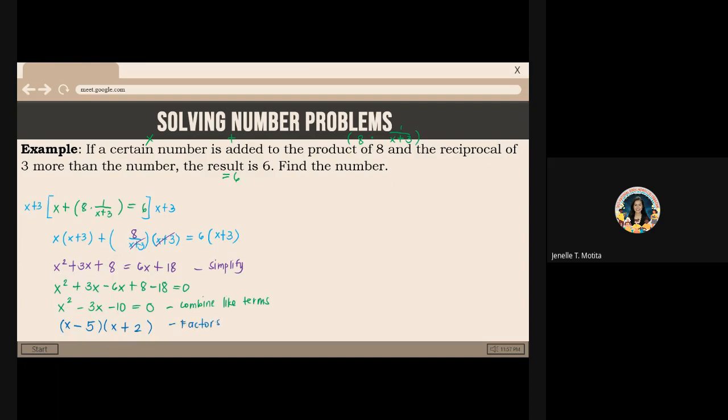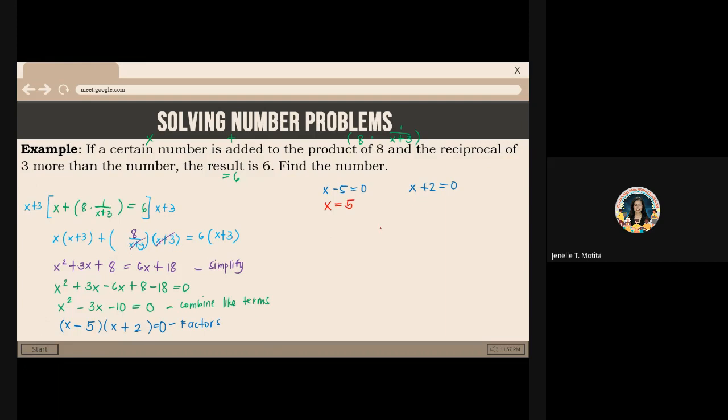Next step is to use the principle of zero product. So, you equate this to 0. Okay? So we will have x minus 5 equal to 0. The other one is x plus 2 is equal to 0. Again, by the principle of zero product, to get the x, we will have x is equal to, lipat mo sa negative 5, you will have 5 in here.